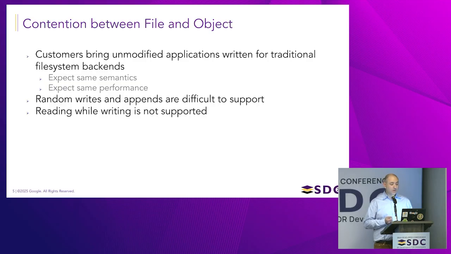Random writes and appends are difficult to support in object storage. Reading while writing is typically not supported. So there are a lot of problems with bringing these unmodified applications. And so we're going to be talking about how we bridge the gap here and make these workloads work better on Google Cloud Storage.